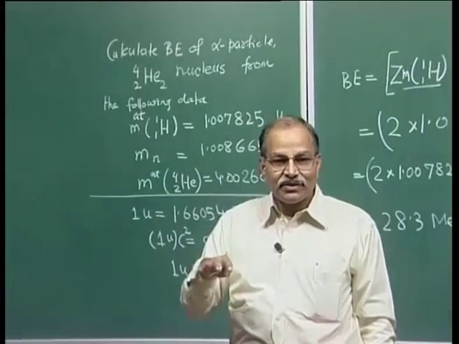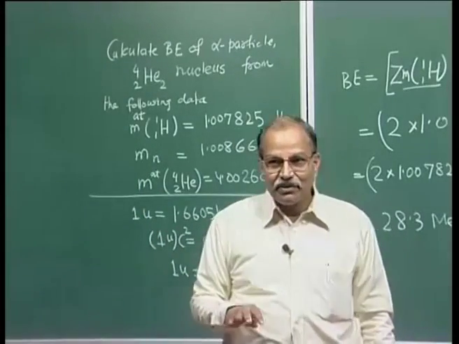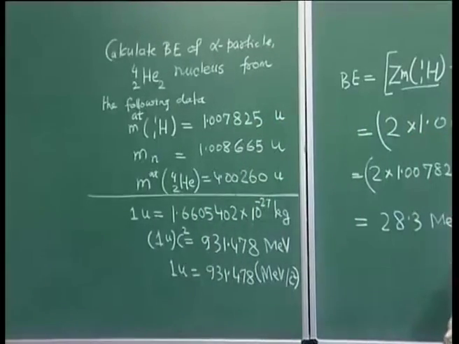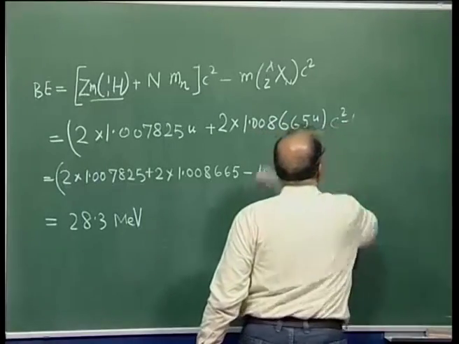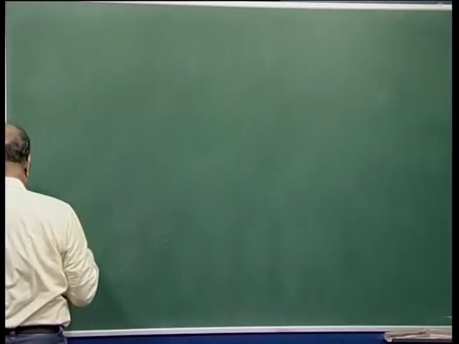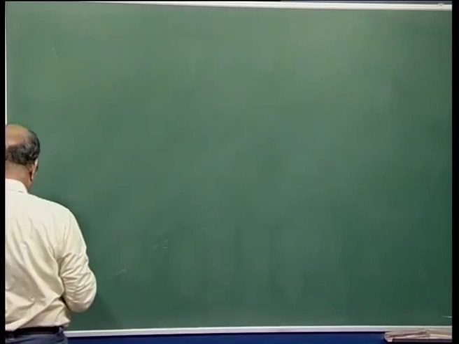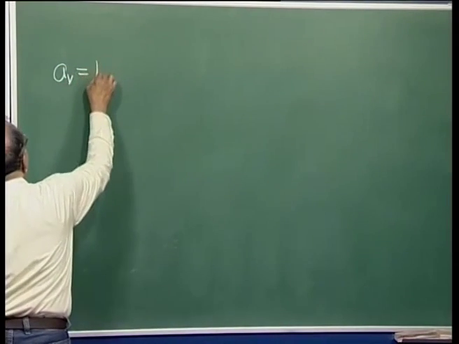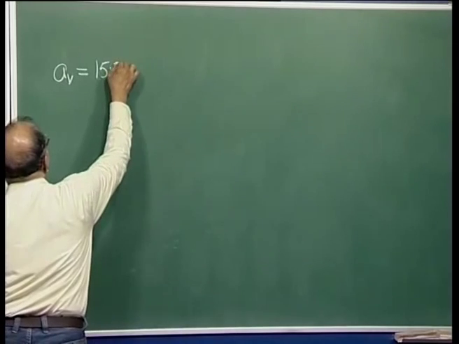So that is how those constants are determined, and the values that come out are in all textbooks. AV, the first volume term, is 15.5 MeV.